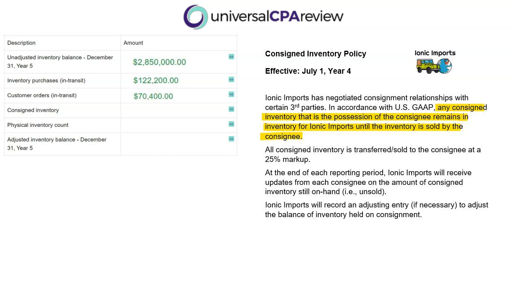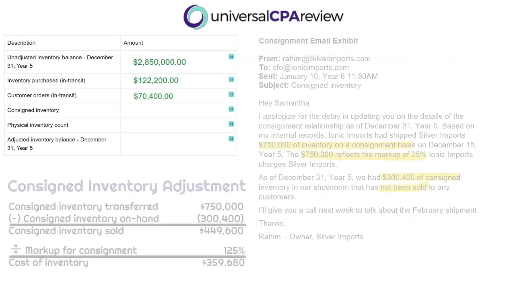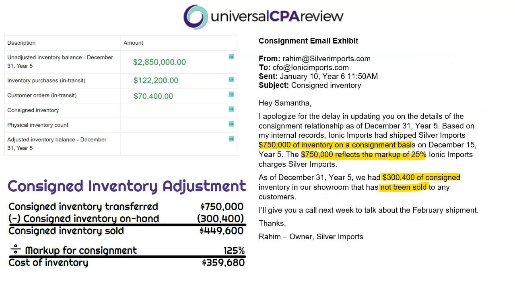So if we go back to that email from the consignee, it says that they basically still have $300,400 of consigned inventory in their showroom, right? So they did sell some, and we need to record an adjusting journal entry for the consigned inventory that was sold. So we're going to need to calculate how much revenue and inventory was actually sold.